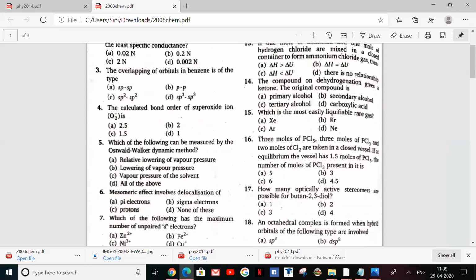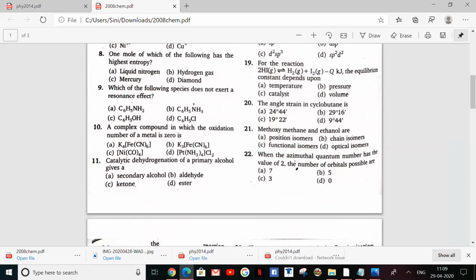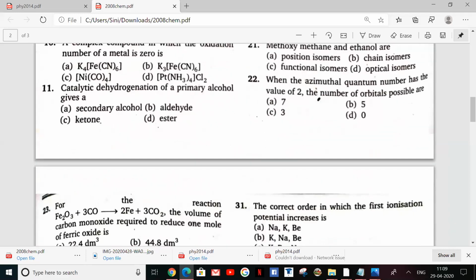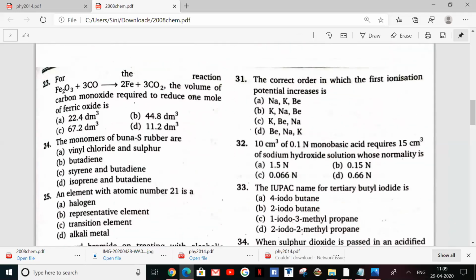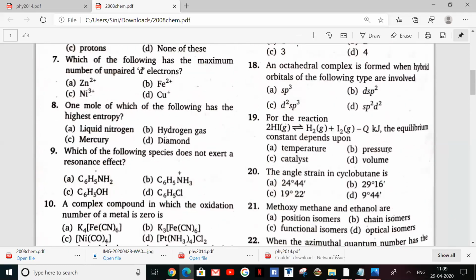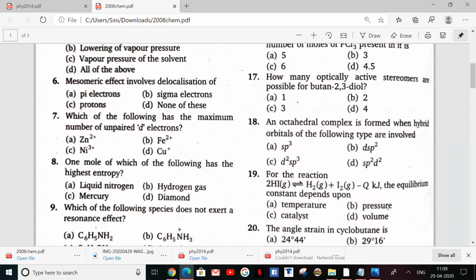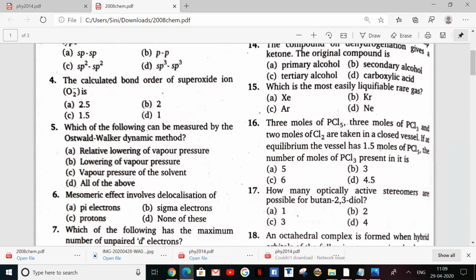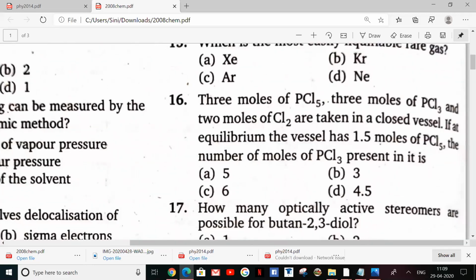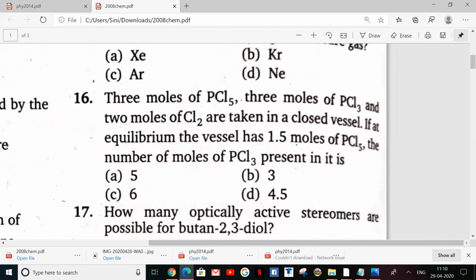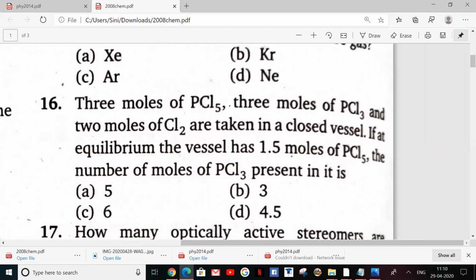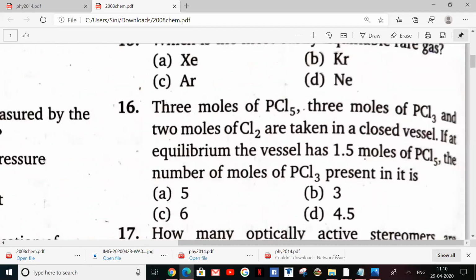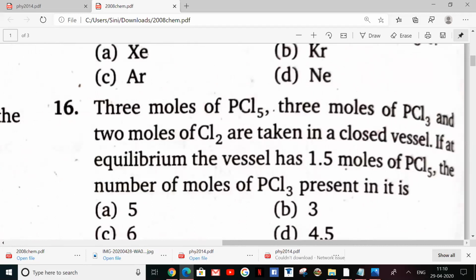since I'm helping one of my students to join the session, I want you to try question number 16. I want everyone to try this question. 3 moles of PCl5, 3 moles of PCl3, and 2 moles of Cl2 are taken in a closed vessel.